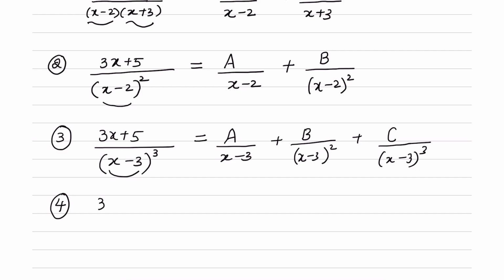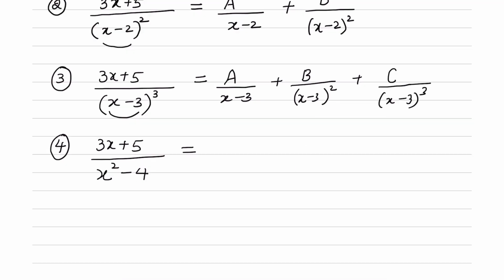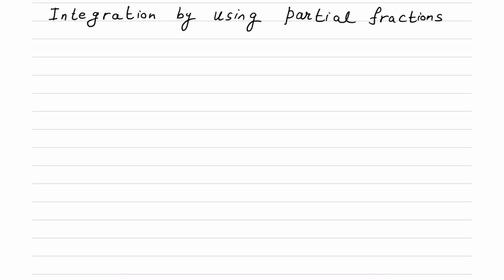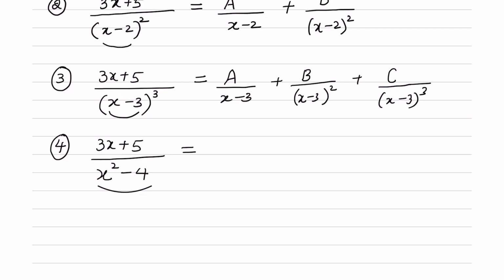Let's look at another rule. Let's say you have x square minus 4. Now you can see that x square minus 4 is not a 1 degree factor, it's a 2 degree factor. There are different rules for a 2 degree factor. First of all, you have to see that if it's a 2 degree factor, can this 2 degree factor be factorized?